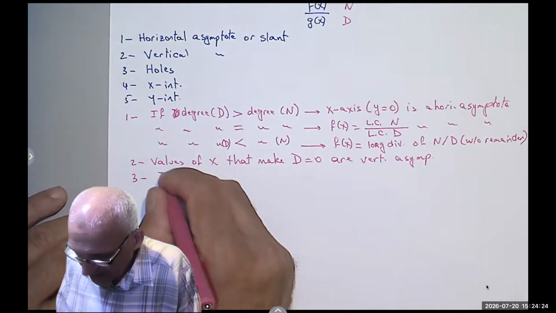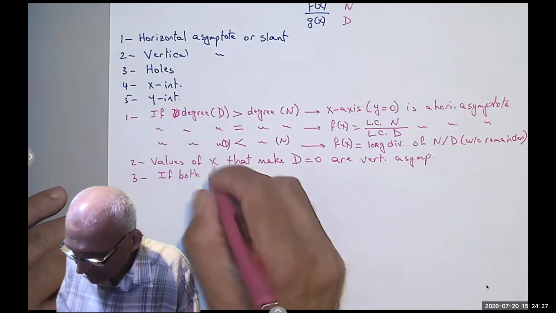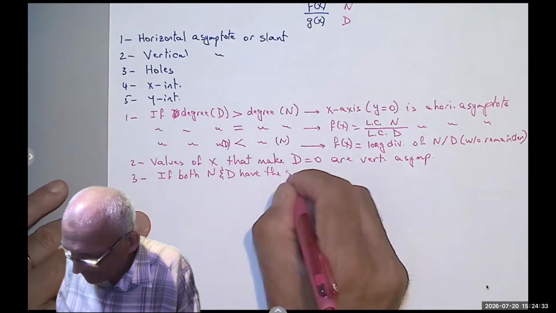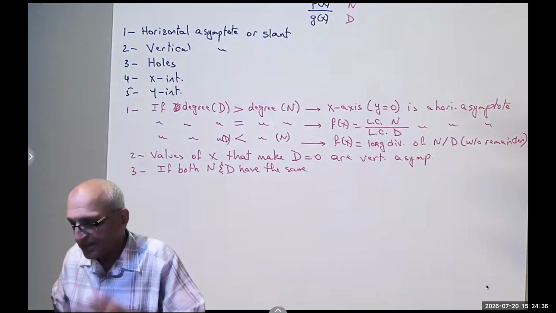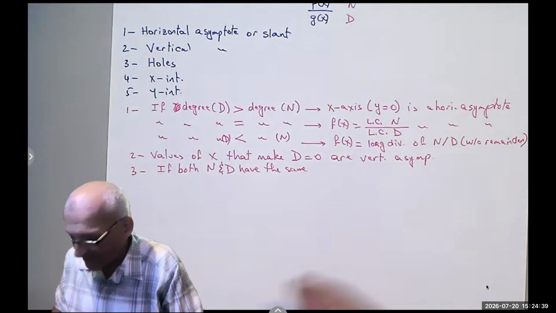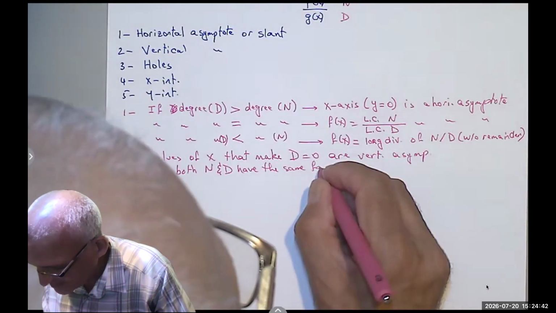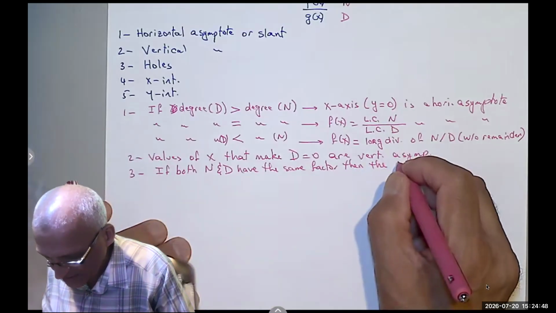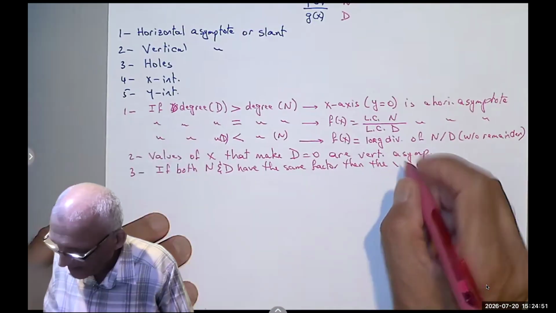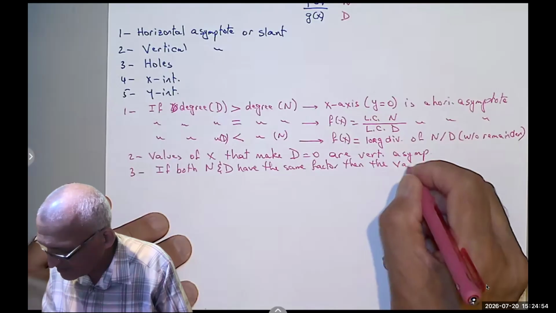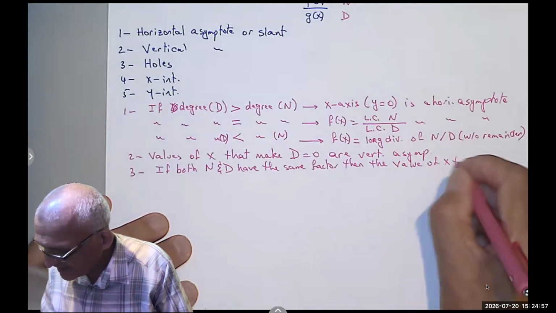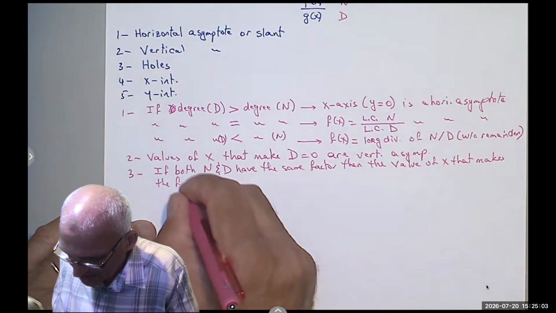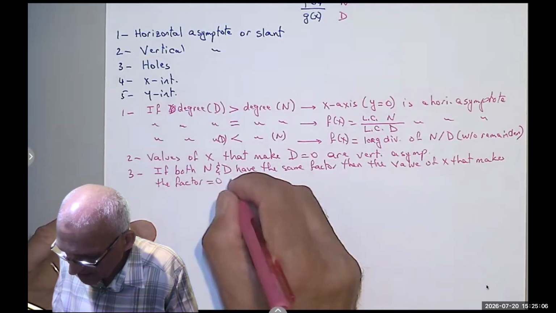Number 3, if both numerator and denominator have the same factor, so x minus 2, x minus 2, x plus 5, x plus 5, the same factor, then the value of x that makes the factor equal 0 is a hole.